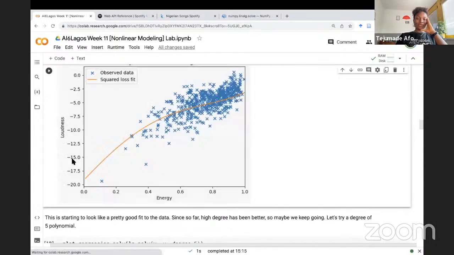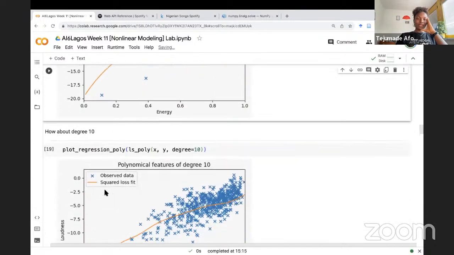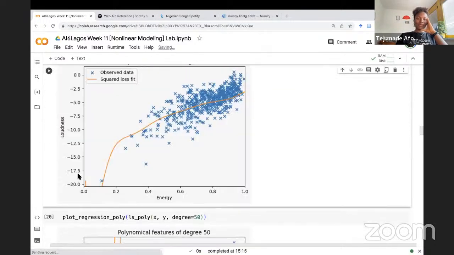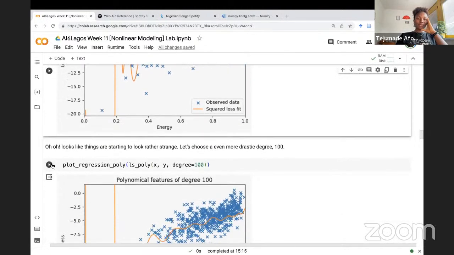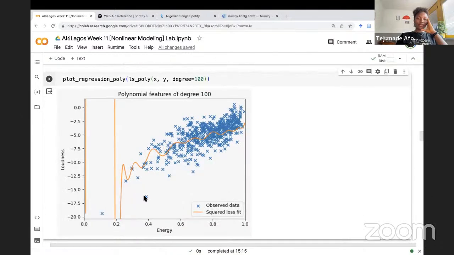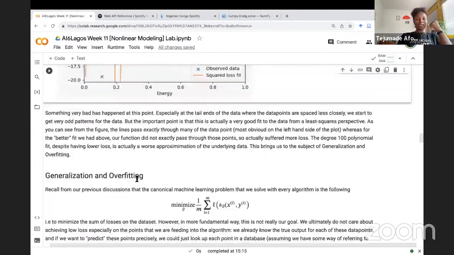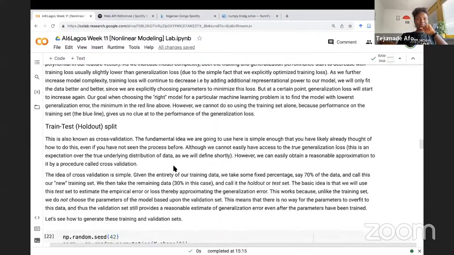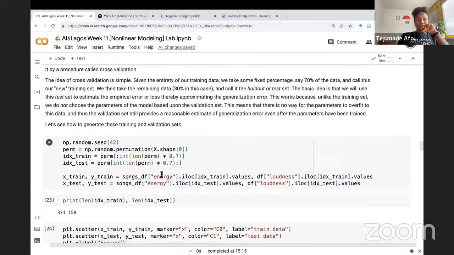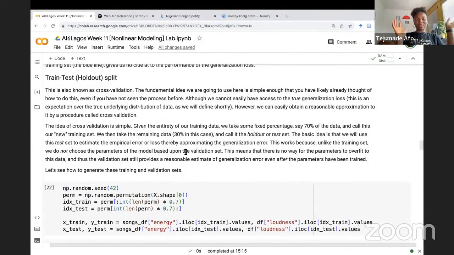Degree 4, degree 5, degree 10, 50. At 100, you see that this is where we got to the overfitting level, and now we can think about how to regularize this. To do the regularization, we talked about the training and test split.